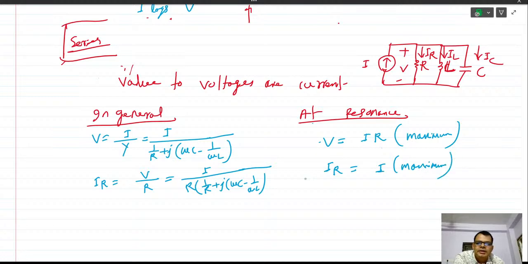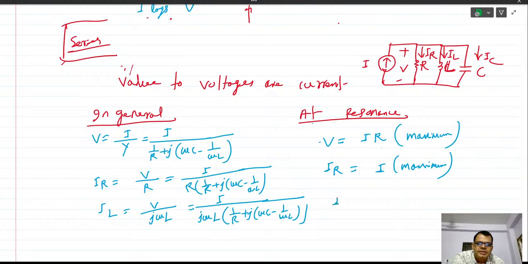Then your IL is V upon j omega L, so I upon j omega L into 1 upon (R plus j(omega C minus 1 upon omega L)). This is a general term, and at resonance this term will be 0.